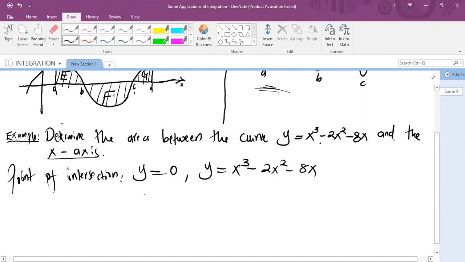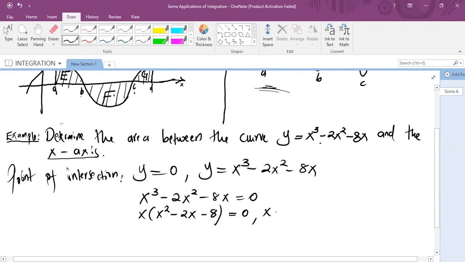Equating these two curves, we have x cubed minus 2x squared minus 8x is equal to 0. Now, x is common in all these terms, so factoring it out, we have x squared minus 2x minus 8 is equal to 0. This basically gives x is equal to 0 as one of the points of intersection, and then we solve the quadratic equation to get the other values of x.